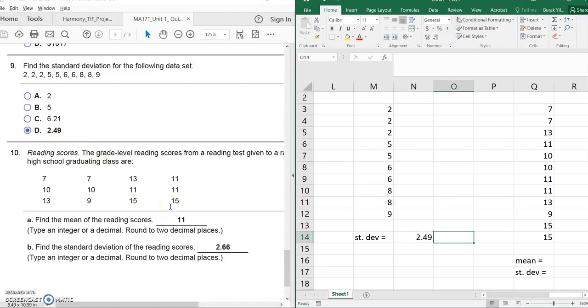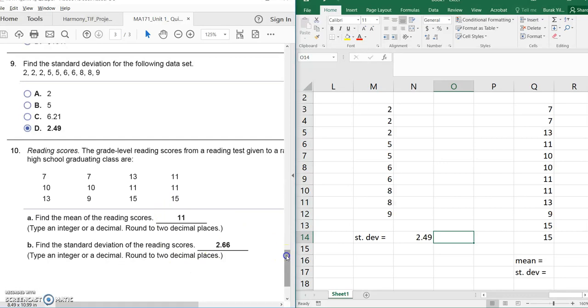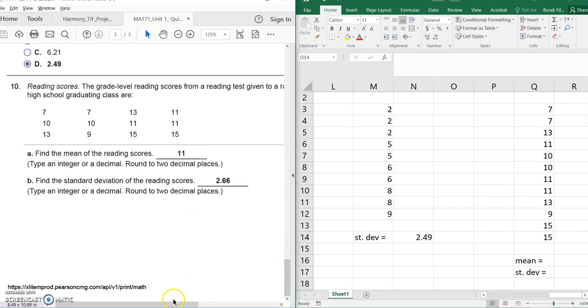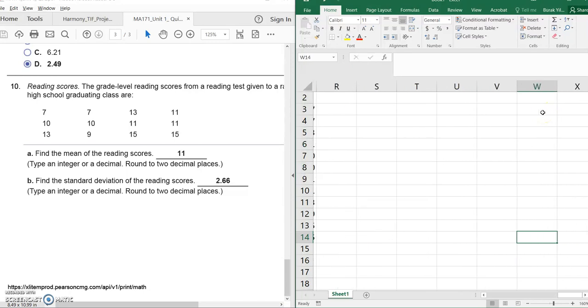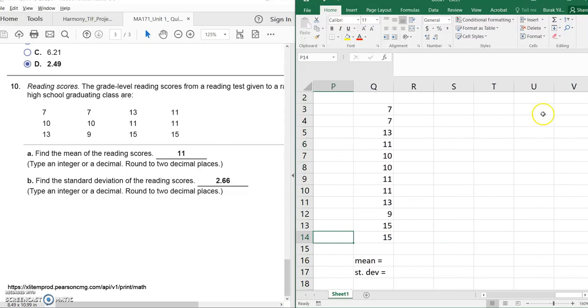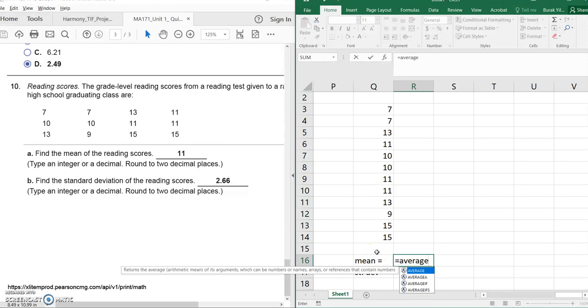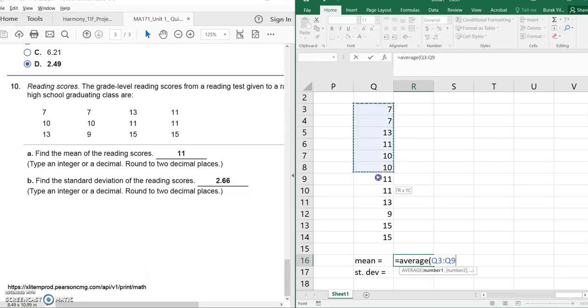And then in number 10, we have the reading scores, and again, all of these scores, there's 12 of them, are typed here. Sorry. And finding the mean and the standard deviation. Again, the mean is simple. You just put average and select all of these, close parentheses.